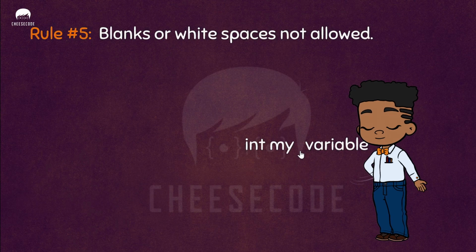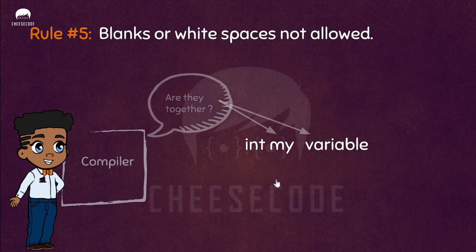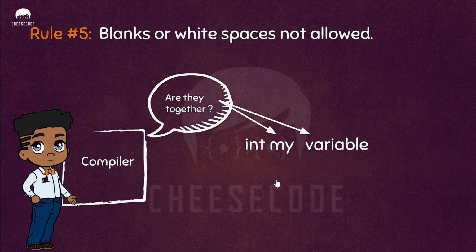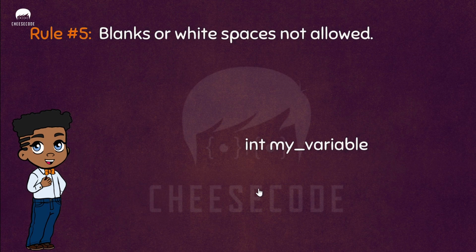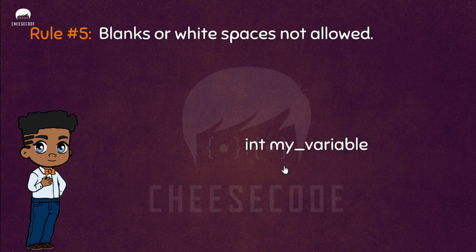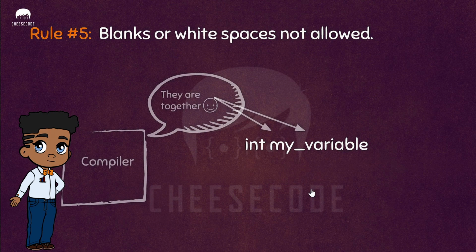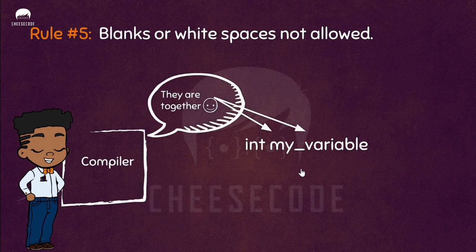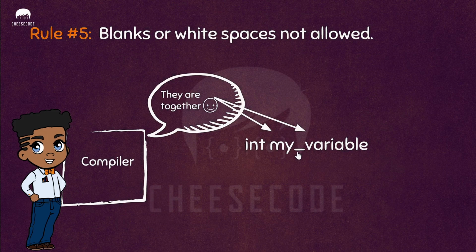The compiler won't be able to recognize it as a single variable. Instead, if you want to improve readability, you can use underscore instead of a blank space. Int my_variable is now a valid variable name, as you can see over here, where I have put underscore instead of that blank space.